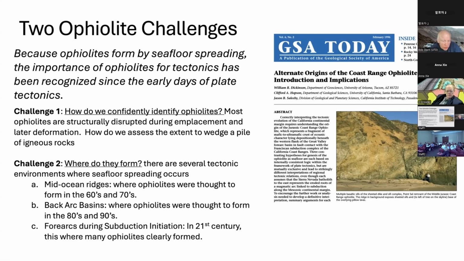They had certain enrichments that required they form over a convergent margin, the subduction zone. And that dominated our thinking about ophiolites in the 80s and 90s. And then the idea that forearcs formed during subduction initiation is something that developed, as I'll show you, and we now think that most ophiolites form in forearcs. And it may be that we still underestimate them.